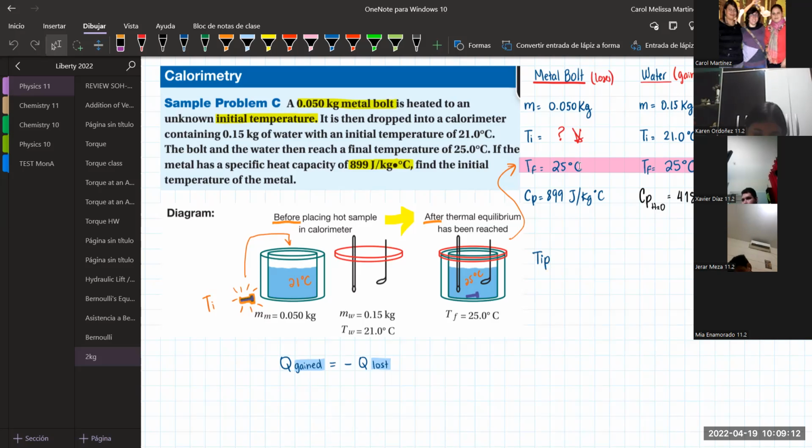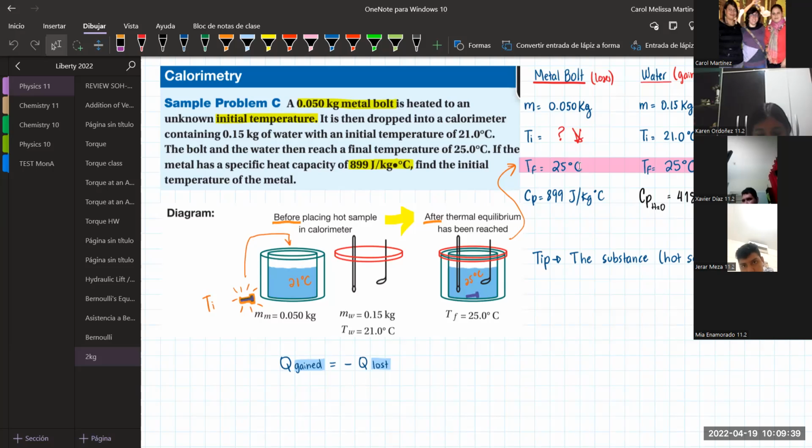The substance that is the hot sample, or the hotter substance, is going to be the substance that is losing energy.